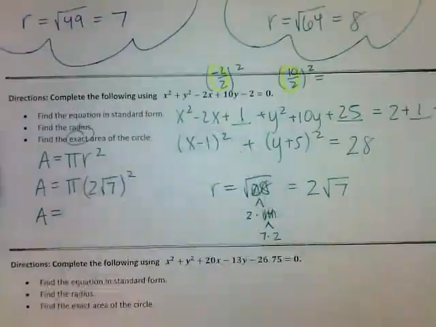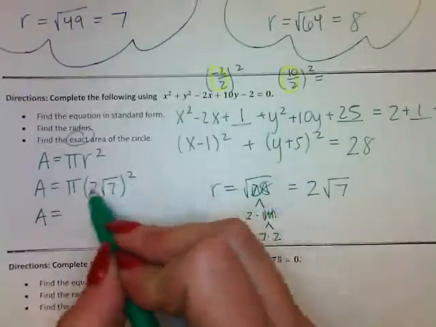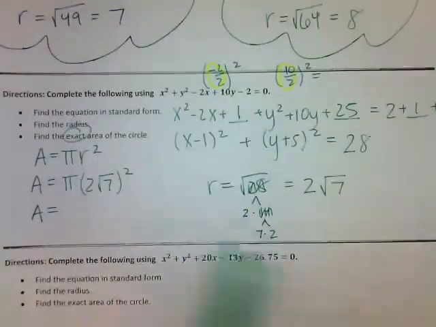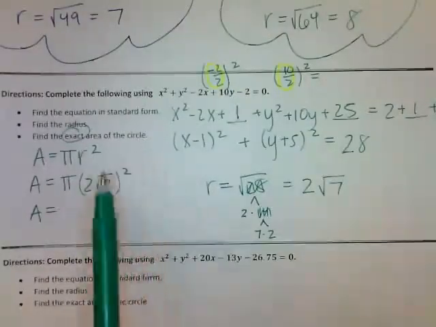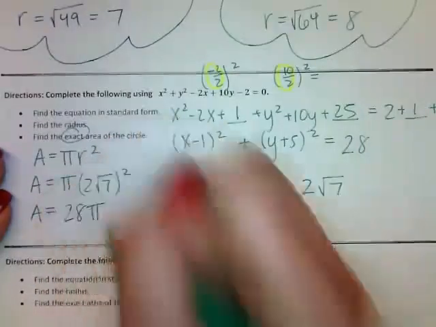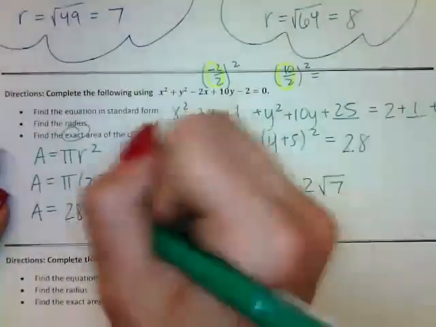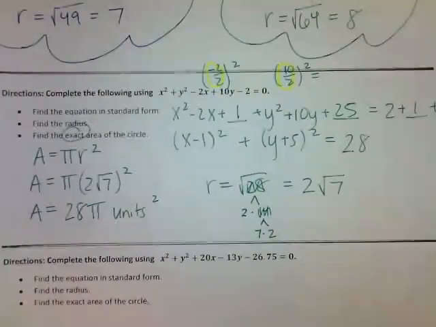Okay, and when you square this, you can let your calculator help you, but the square is distributed to the 2 and to the radical. So that's going to be 4 times 7, okay, giving you 28. And the pi will be attached. I don't know the units, but since it's area, it's going to be units squared.